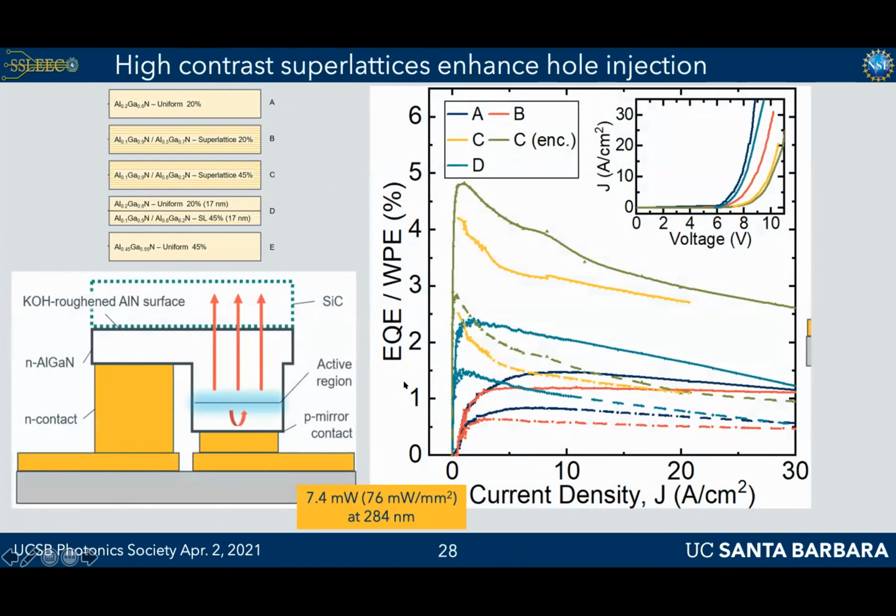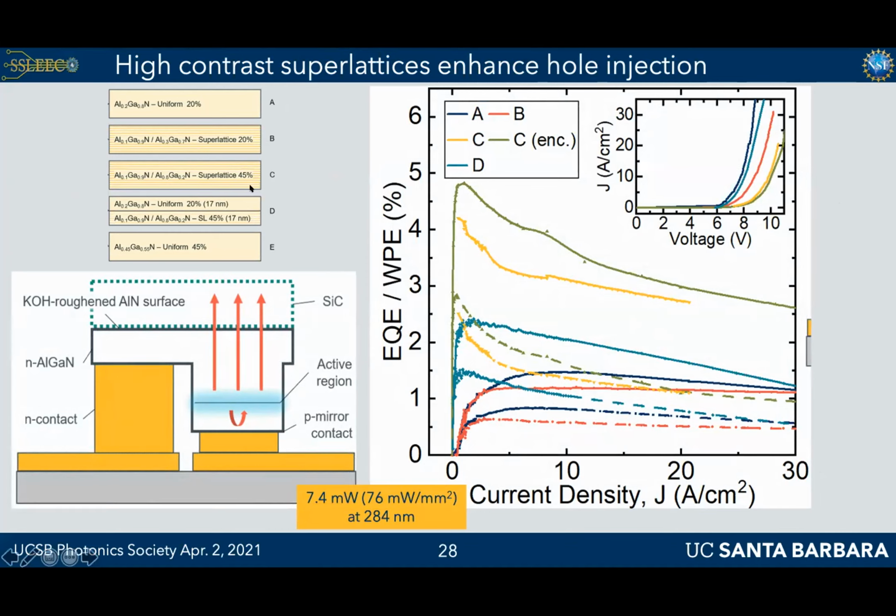If we look at the EQE, here's just another device schematic. If we look at the EQE curves, the red and blue curves are the 20% AlGaN. Unsurprisingly, at 20% AlGaN, it's going to be pretty optically absorbing. The EQE is low.